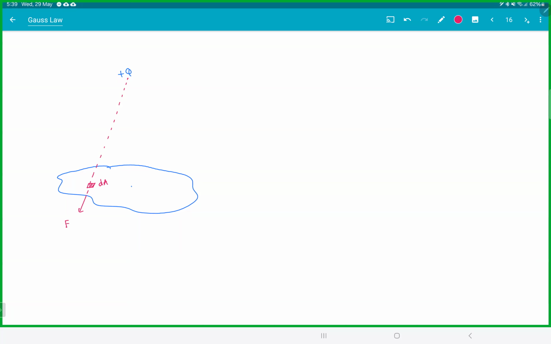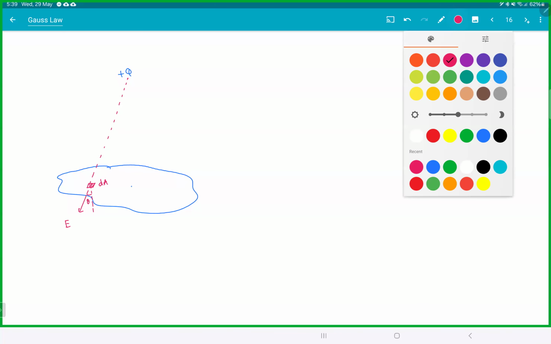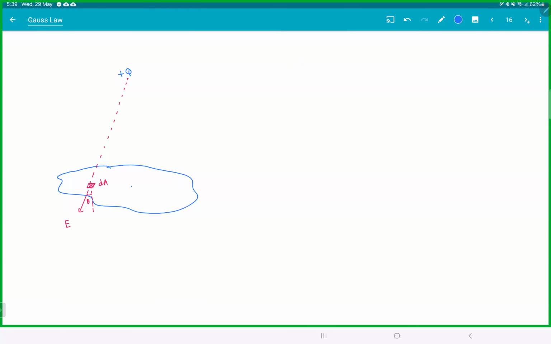At this point, the field is E. And this angle is theta. Okay. So the force on that small sheet will be E into dq, which is E sigma dA.